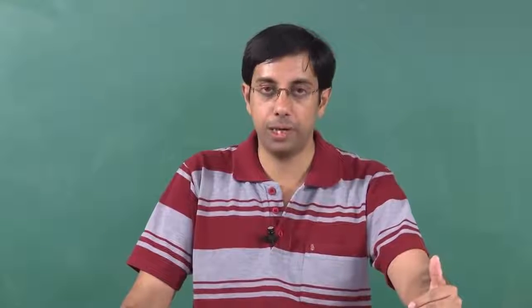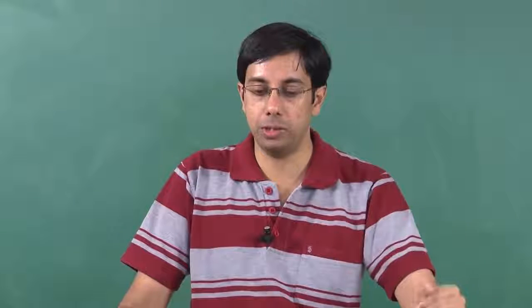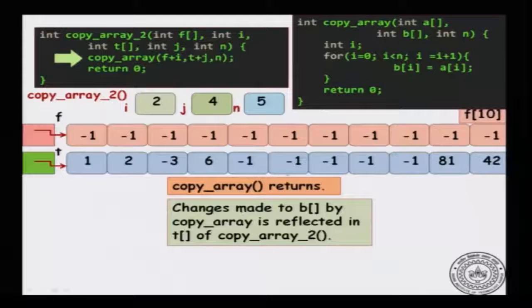But then because of pointers, it was actually working with the arrays in copy array 2, right? So even when you erase all the memory allocated to copy array, once you return, these arrays would have been changed. These 5 locations starting from f plus 2 have been copied to these 5 locations starting from t plus 4. So changes made to B by copy array are still maintained after you return to the calling function copy array 2.